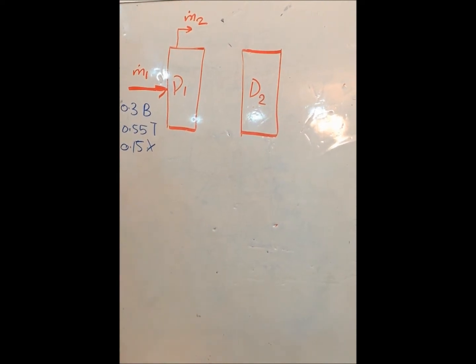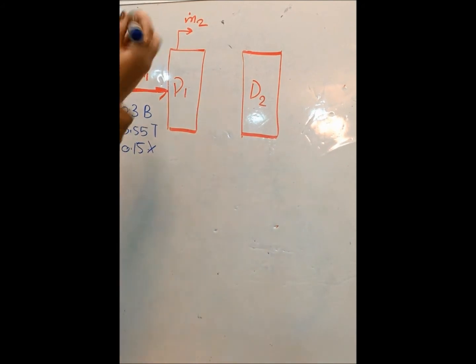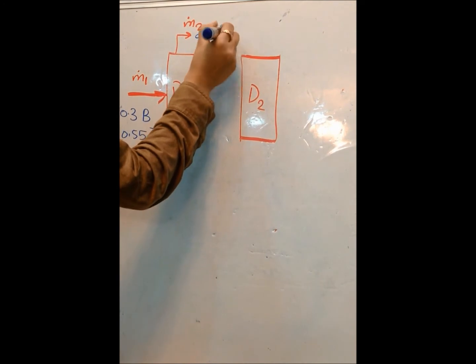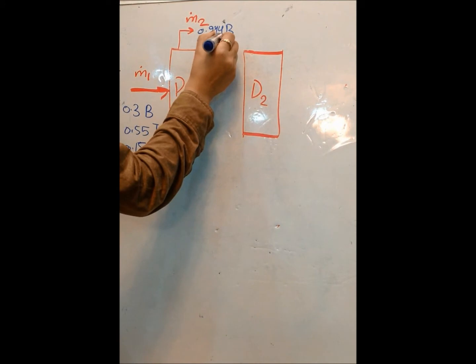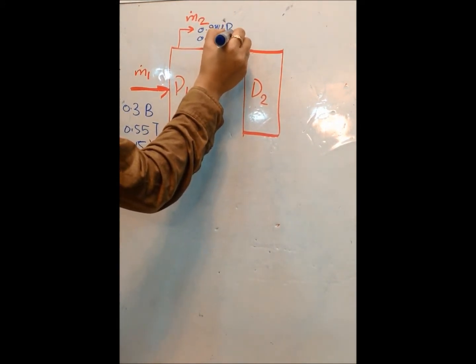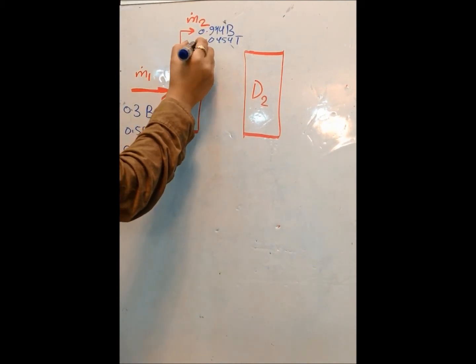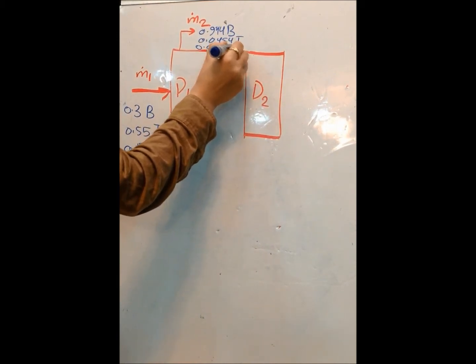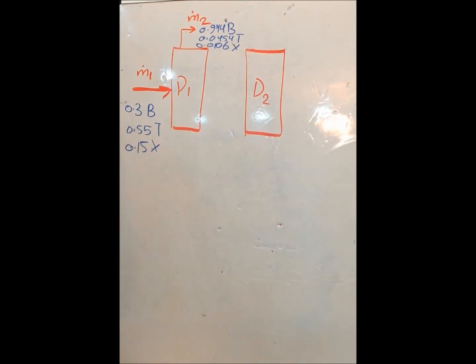The overhead stream from the first column yields 94.4% of benzene, so 0.944 of benzene, and 0.0454 for the toluene, and the rest, which is equal to 0.0106, for the xylene.